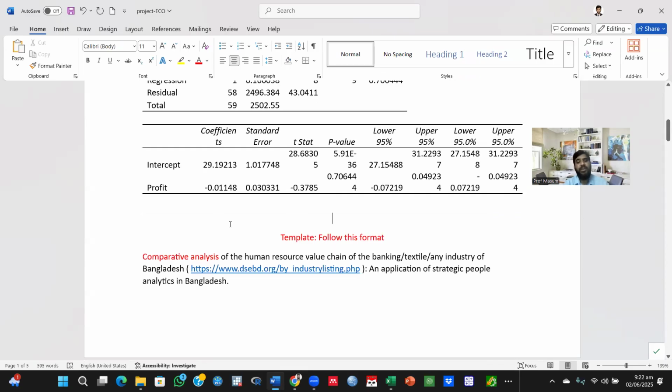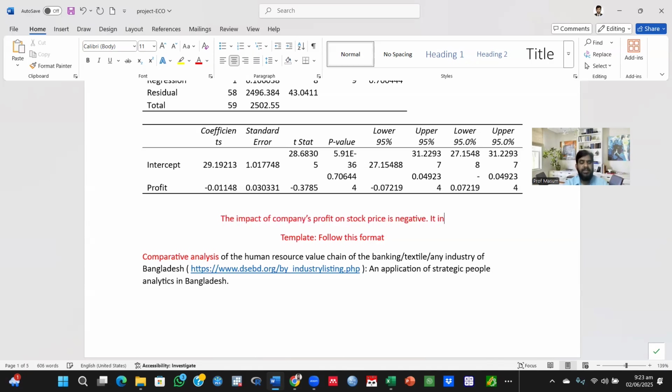So the explanation will be the impact on companies' profit. The impact of companies' profit on stock price is negative. Negative.